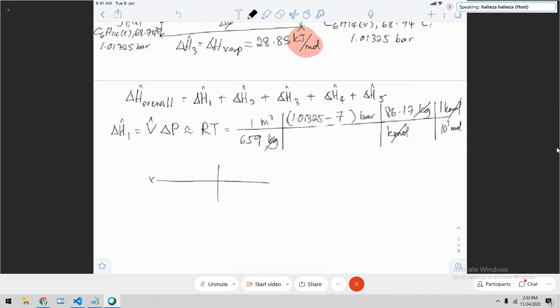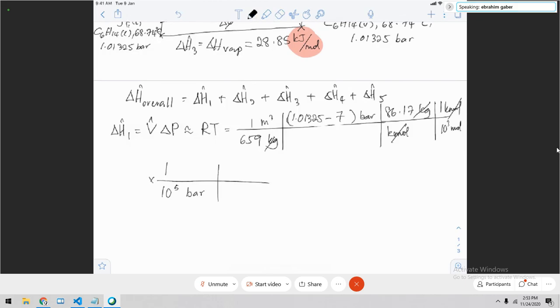Use your conversion factor. Sorry, it should be at the denominator: 10 to the power of 5 Newton times meter per bar times meter cube.